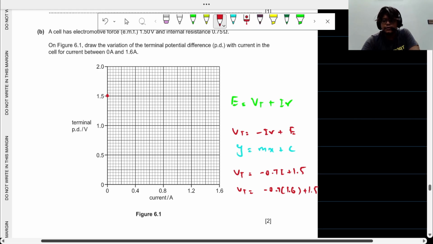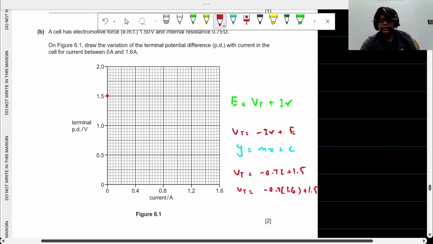So this will be equal to minus 0.75 into 1.6. So this is negative 1.2, and then negative 1.2 plus 1.5 gives us 0.3. So we would have a voltage of 0.3, right?